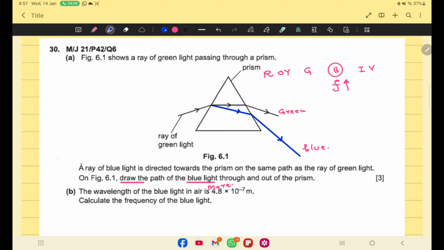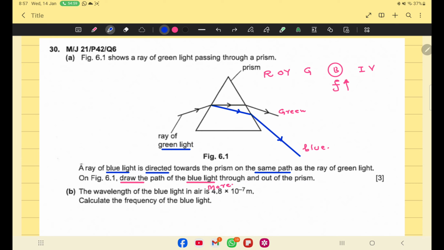The incident light is green. If blue light is incident on the same path, blue and green, same path incident, but when light passes through the prism, then blue light is bending more.